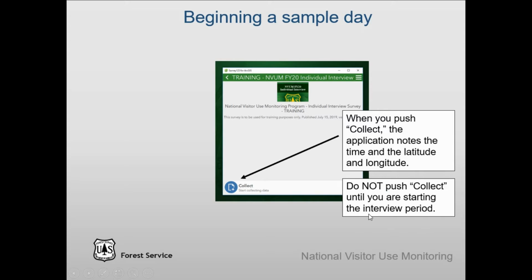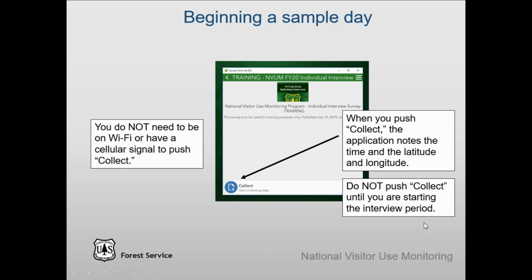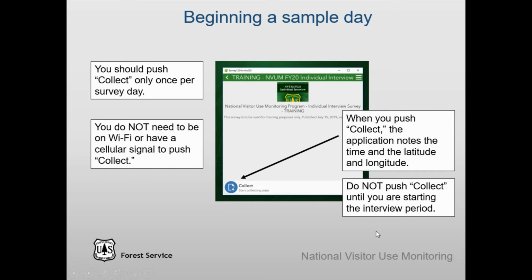So don't push the collect button until you're actually ready to start your interviewing for the day. Also, you do not need to be on Wi-Fi or have a cell signal to push collect. And you should only push collect once per survey day.